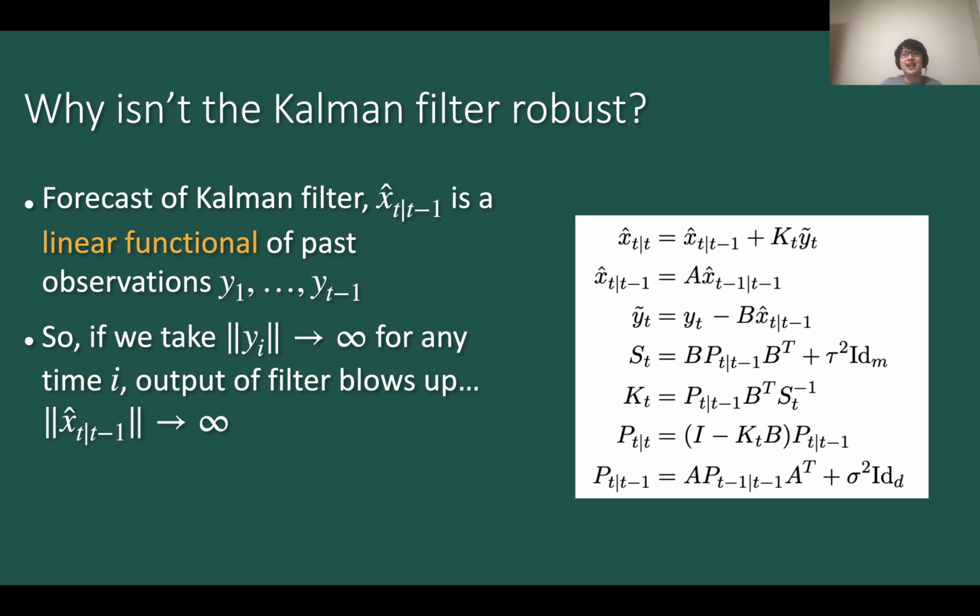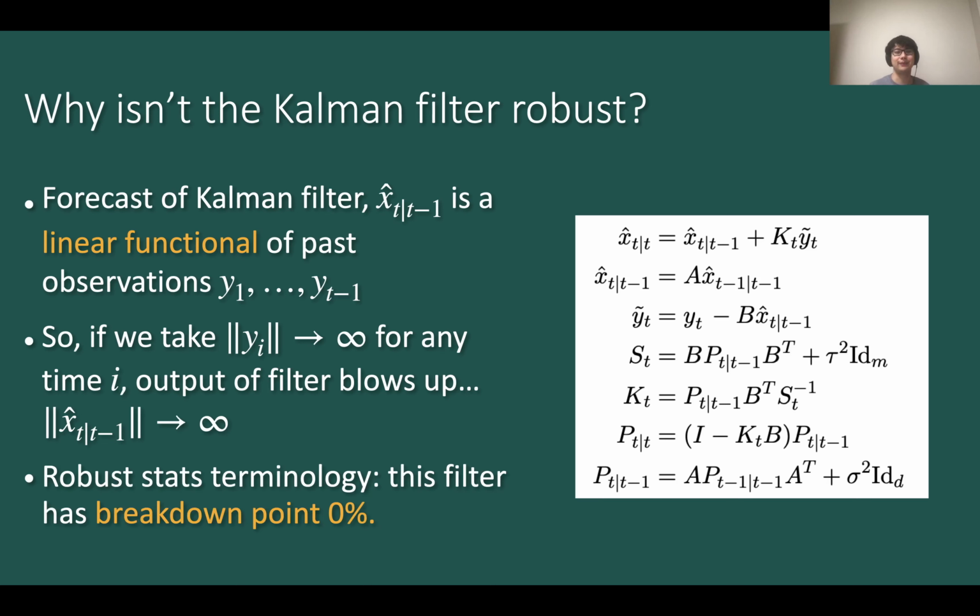But this linearity is good because it's optimal in the Gaussian setting, but it's really bad for robustness because if you take a single one of the observations and send the size of it to infinity, the output of the filter will blow up. So even one outlier can totally ruin the output of the Kalman filter.